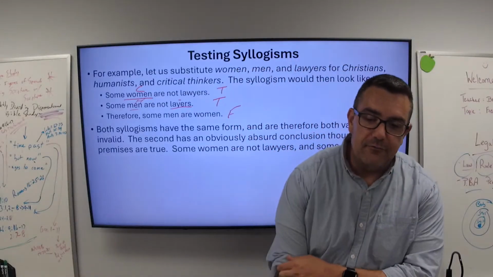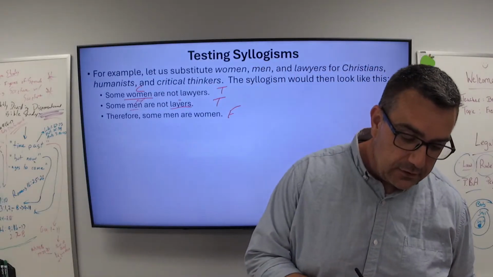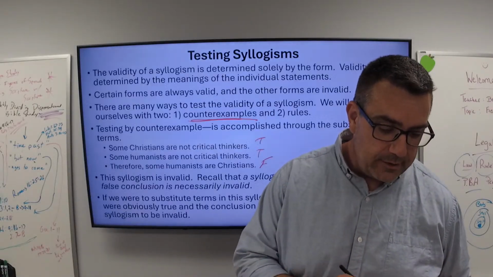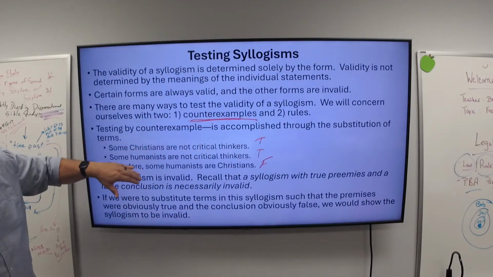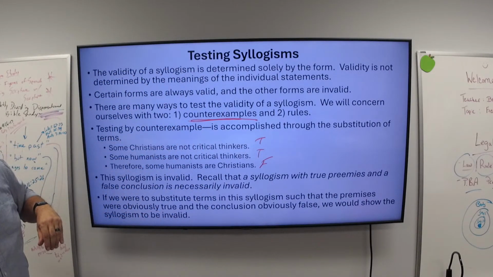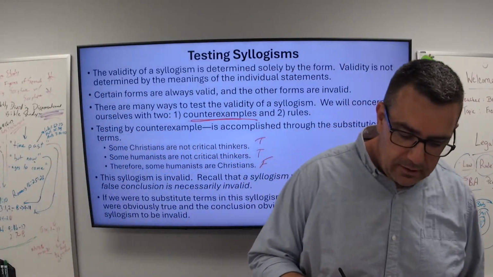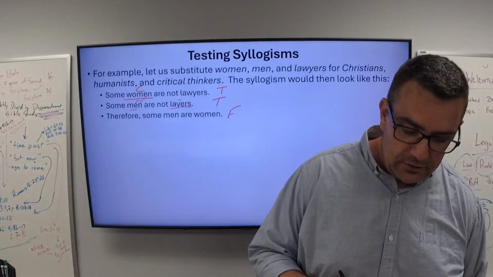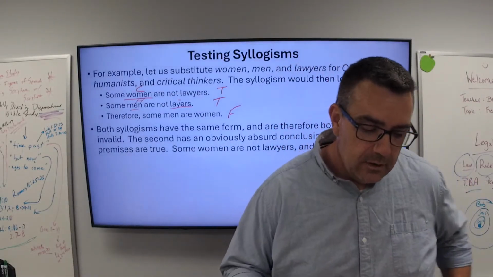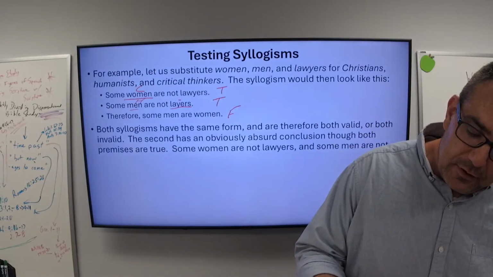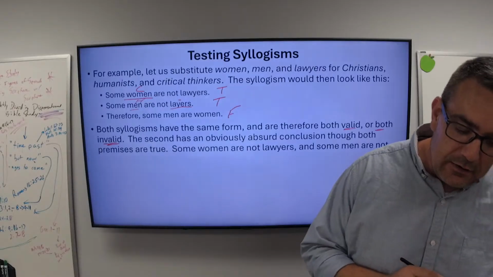Both syllogisms have the same form. So this goes to Amy's point earlier. The original syllogism back here, let me go put it back up, and the syllogism that we tested by making the changes, men, women, and lawyers, are the same form of argument. So both syllogisms have the same form and are therefore both valid or both invalid.